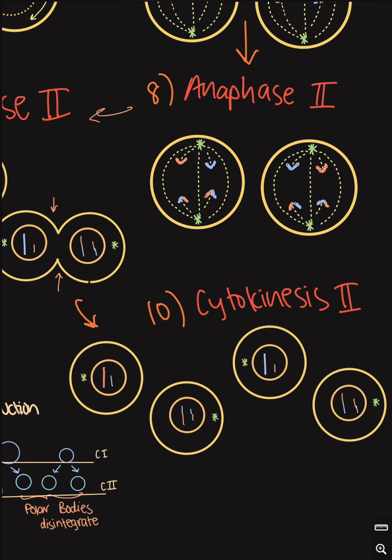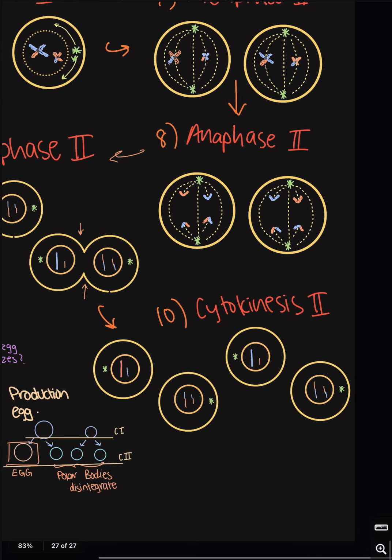And remember, because these are haploids, they are not diploids. Even though you don't see 2 long ones and 2 short ones, you see a long and a short one, which means that the long pair is not there anymore. So that is cytokinesis 2.